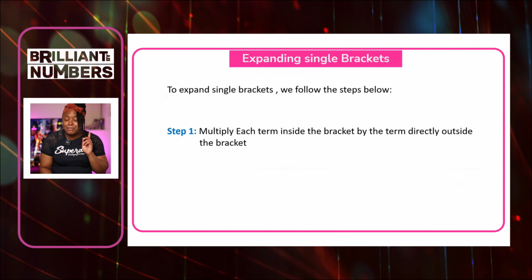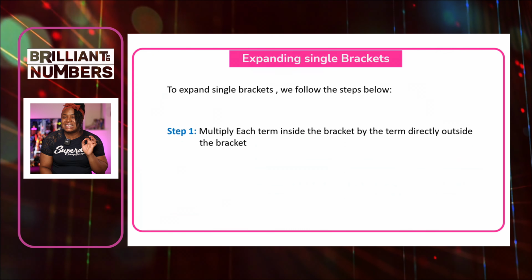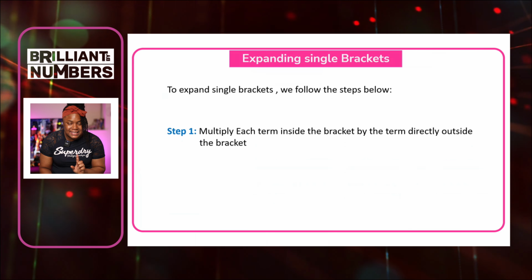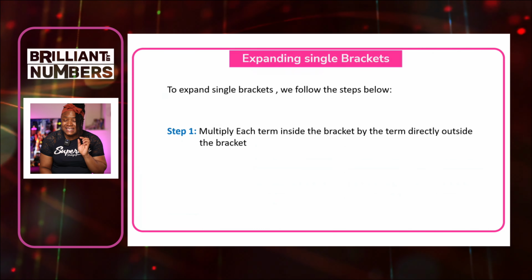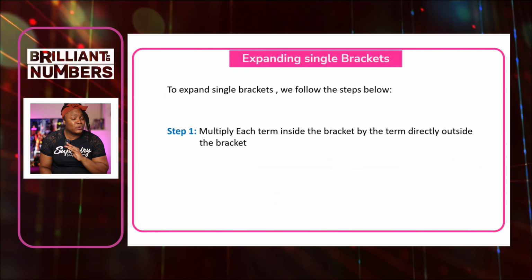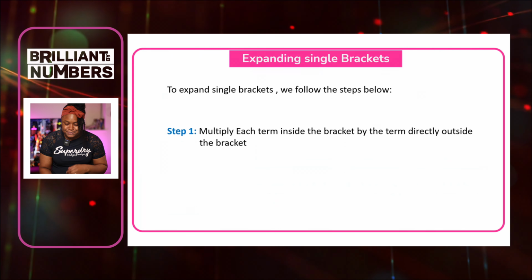So to expand single brackets, we follow the steps below. Step 1. We need to multiply each term that's inside the bracket by the term directly outside the bracket. We've got to make sure this term is exactly directly outside the bracket. If not, then we cannot use it to expand the bracket at all.